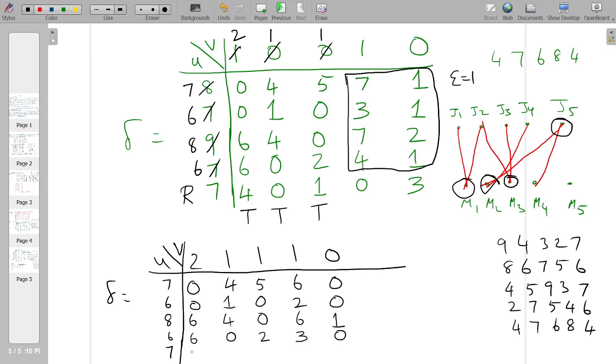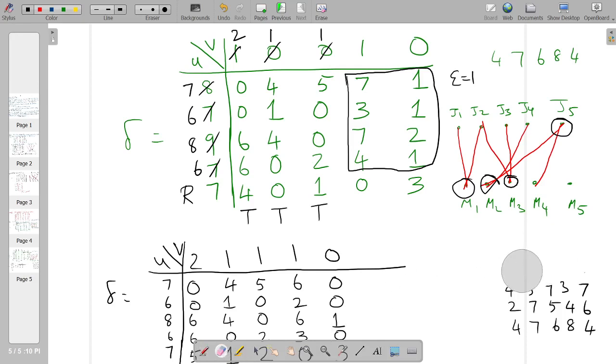Last row entries are 9 minus 4 is 5, 8 minus 7 is 1, 8 minus 6 is 2, 8 minus 8 is 0, 7 minus 4 is 3. So now you have calculated the revised values of delta.